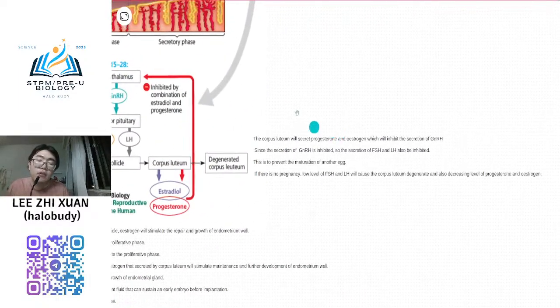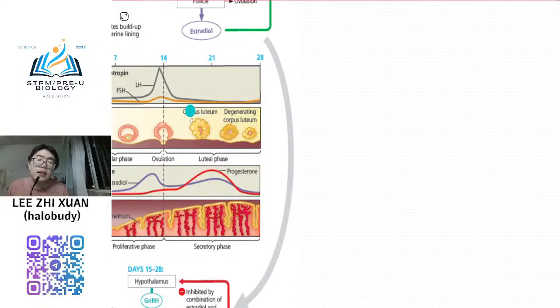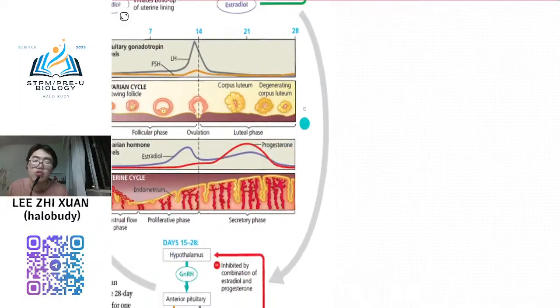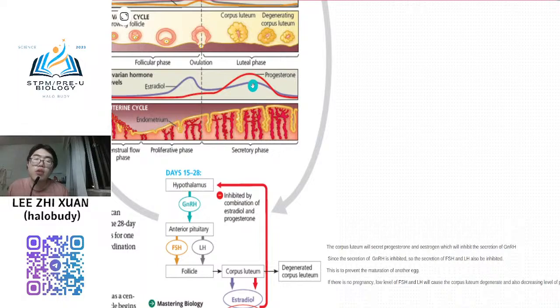So now when the Graafian follicle has released the secondary oocyte, the LH hormone will start to stimulate the ovulation, and also it will stimulate the ruptured follicle to become a new structure we call the corpus luteum, that I mentioned just now. And then this corpus luteum plays the major role to secrete estrogen and also progesterone, especially progesterone.